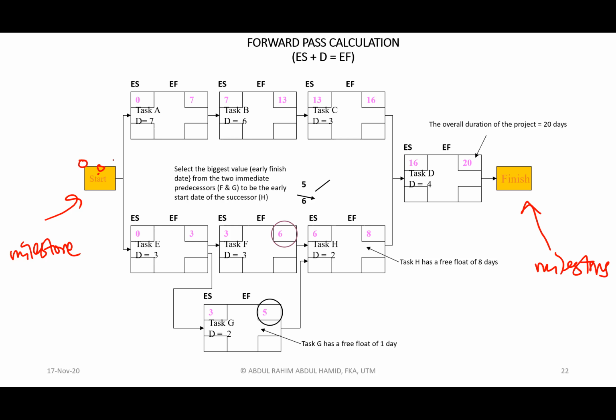Zero plus zero equivalent to zero. And that zero will be transferred, put inside this box and inside this box. So that's how we start with zero, actually. Okay, but it is understood, if, for instance, you do not draw a start and finish diagram, your diagram still looks okay, nothing wrong.